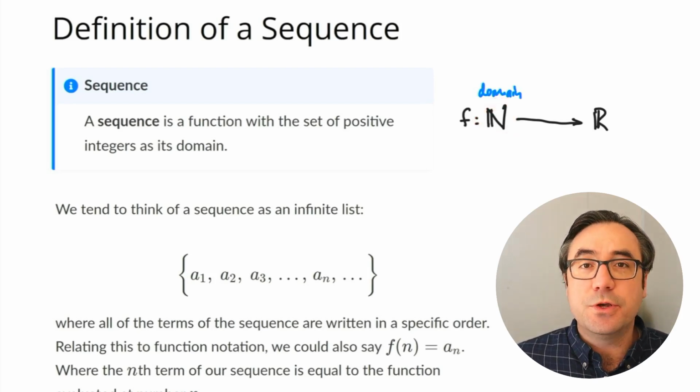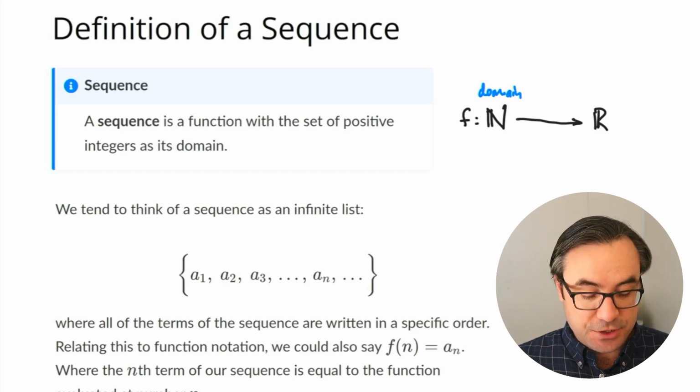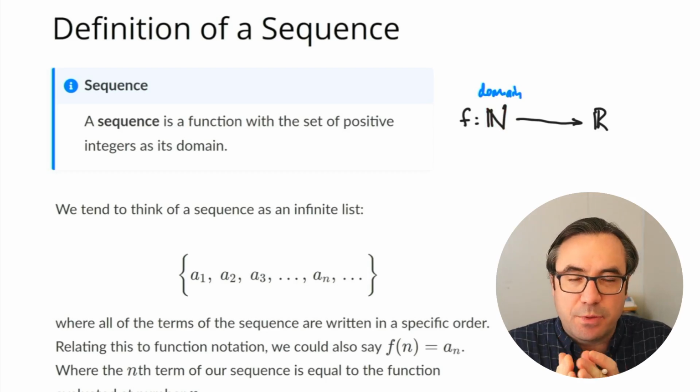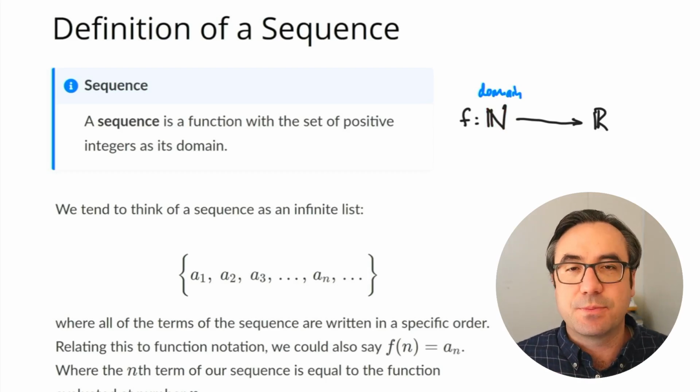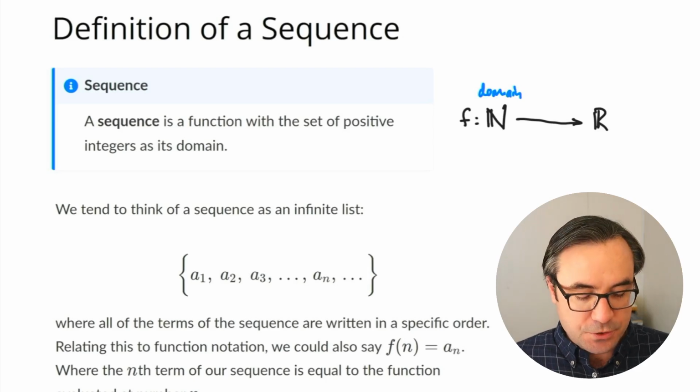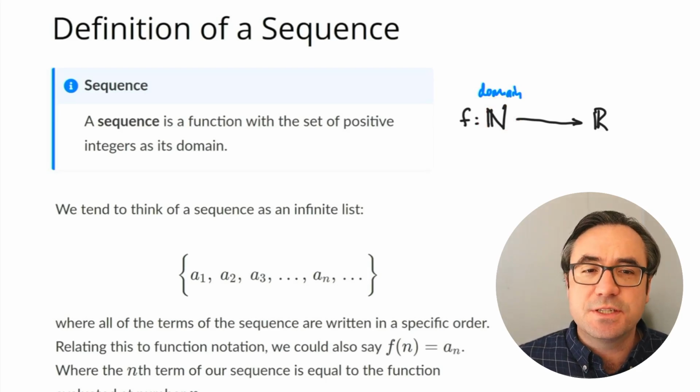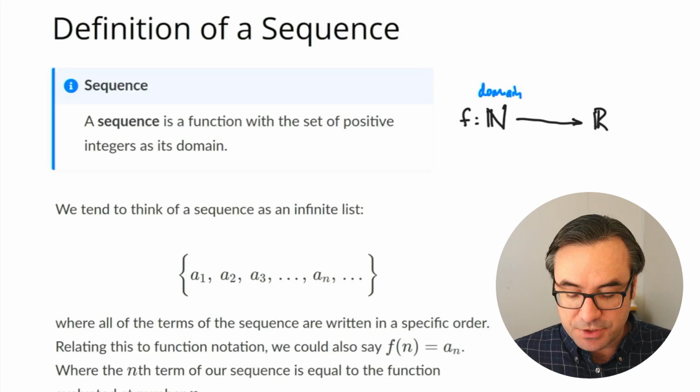Normally what we're used to is functions where the domain is all real numbers. When we graph a function, the x-axis represents all real numbers, but for sequences, the domain is the natural numbers, the positive integers.